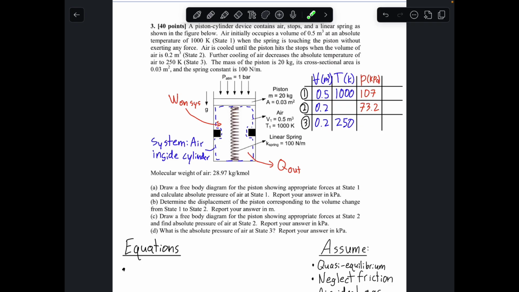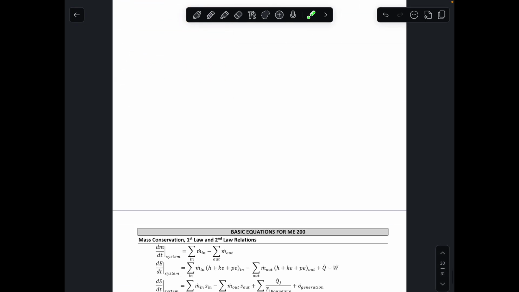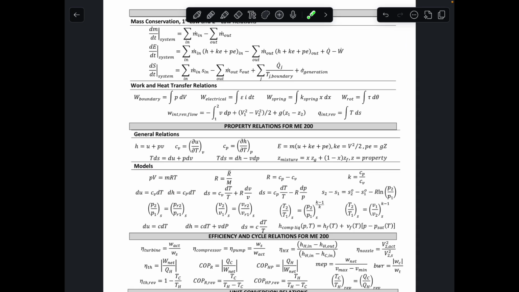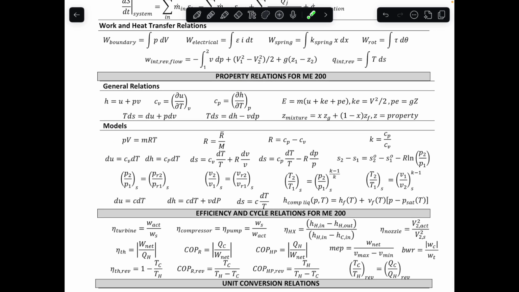So let's scroll down to our equation sheet to look at the ideal gas law. Remember that this is our equation right here, PV equals mRT. And this R value is specific to the substance that you are examining. So for us, it's air.